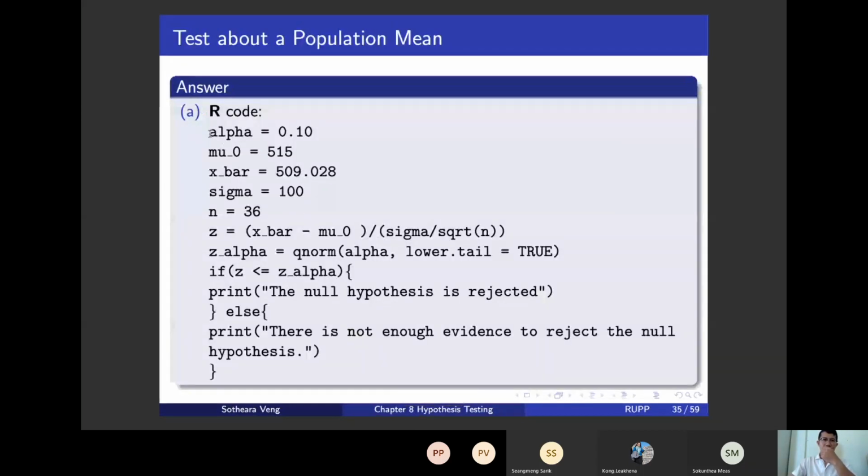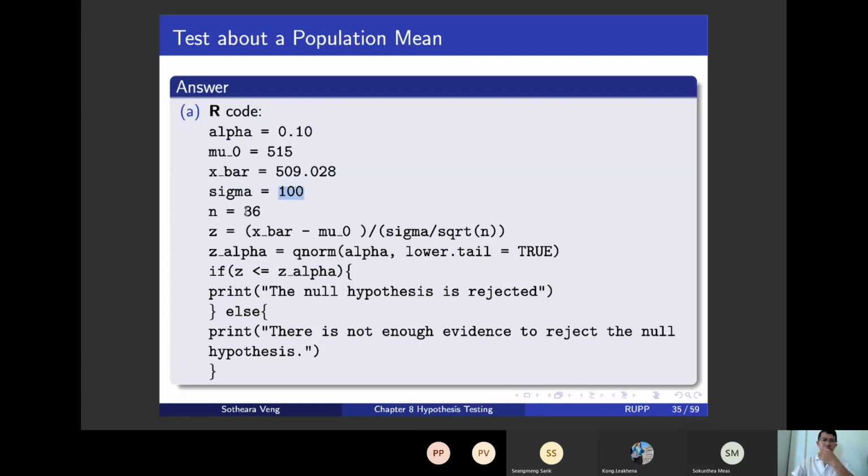So you have to specify the alpha to be 0.10, and the initial value of the population mean is this value. From the sample you come up with the sample mean to be this, and the population standard deviation is known to be this.